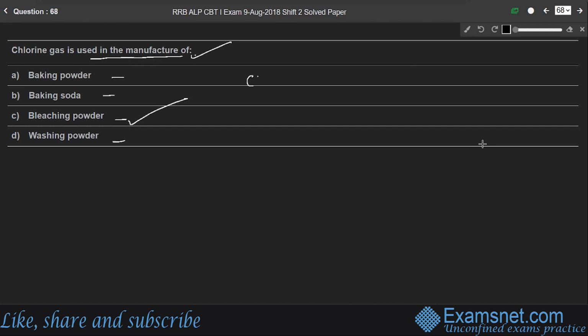So when chlorine gas passes through dry slaked lime, bleaching powder is formed.